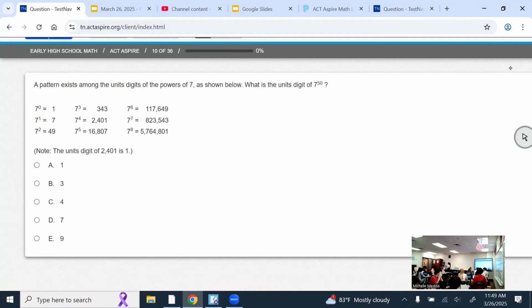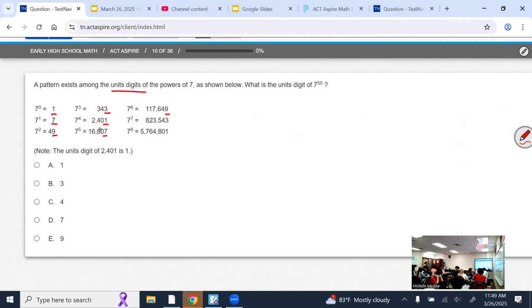Because I don't know what the units digit is either, but it's telling you the units digit is basically what of each number? The last number. So they're saying a pattern exists among the last number of each exponent on the 7. So here's the last number, I'm underlining it for each number.